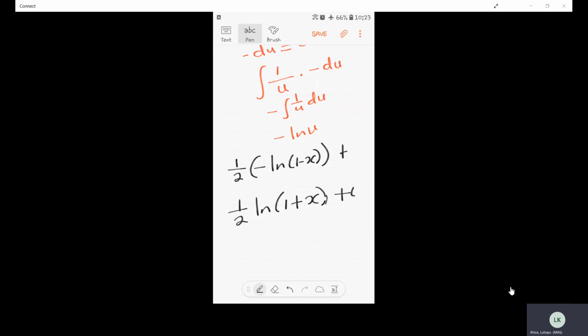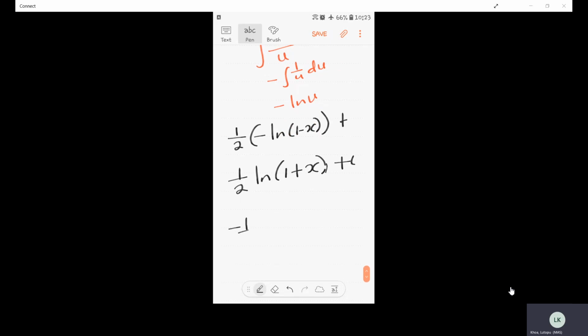Okay, so that's what I will have. And you can simplify it. This is minus a half ln of 1 minus x plus a half ln of 1 plus x plus c.